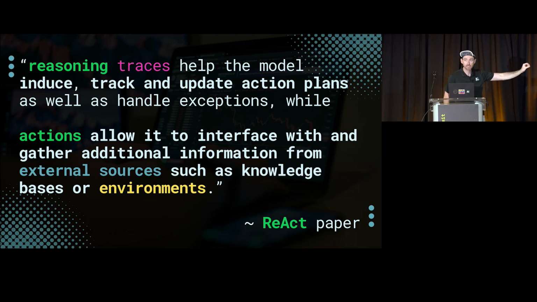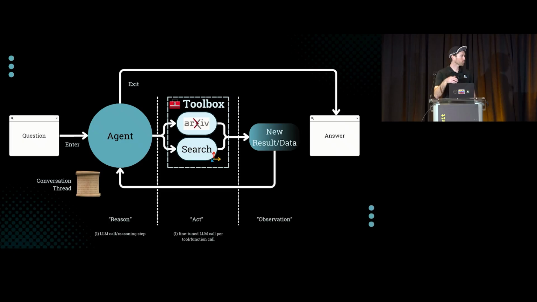Reasoning traces, this is key when you start to do observability and evaluation, especially of agentic systems, help the model induce, track, and update action plans. Actions allow it to interface with all the places where your data might live, and also any external sources, any environments. We're seeing more and more of this environment-based speak with RL these days, even in the MLOps agenda.